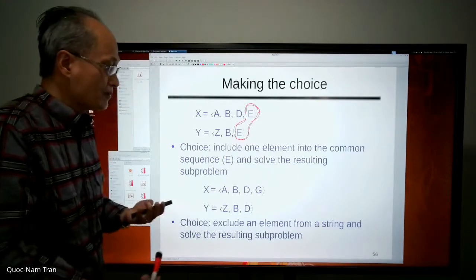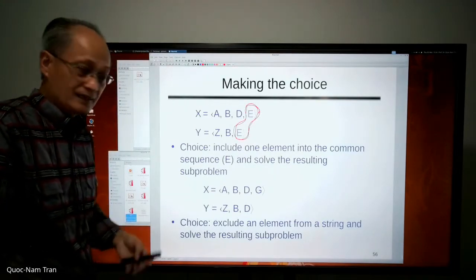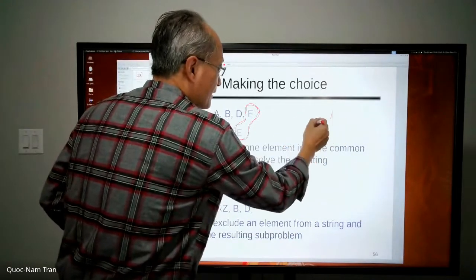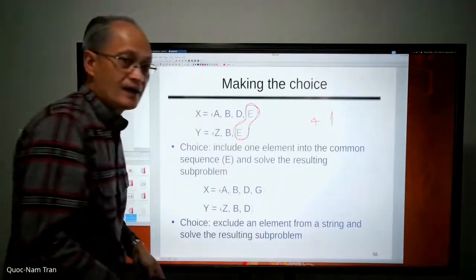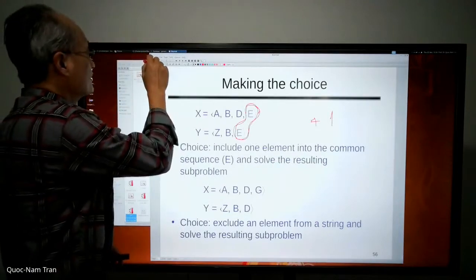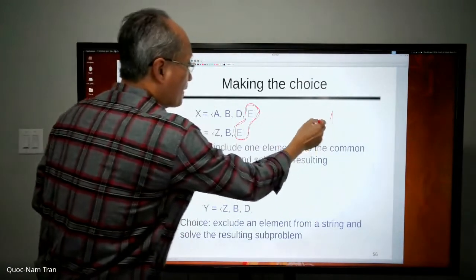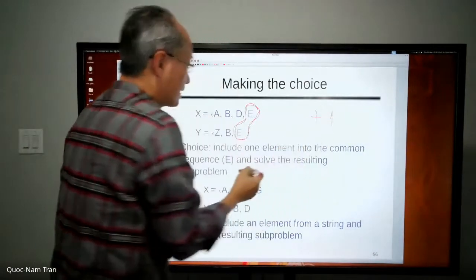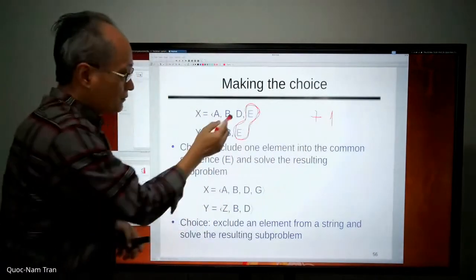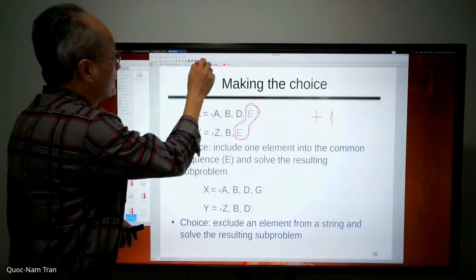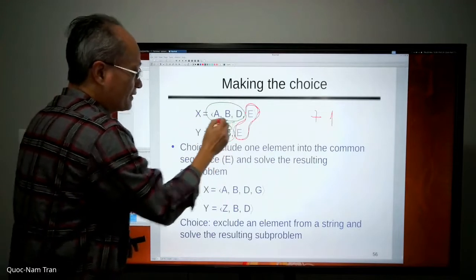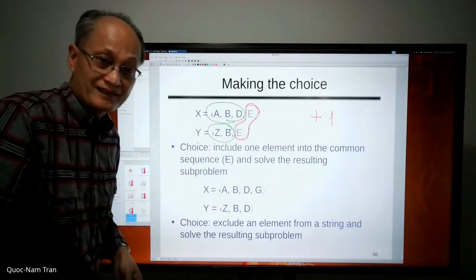If they have the same element, meaning that the result has at least one common element, and then plus the common elements of the smaller subsequence here, right? So that's it.